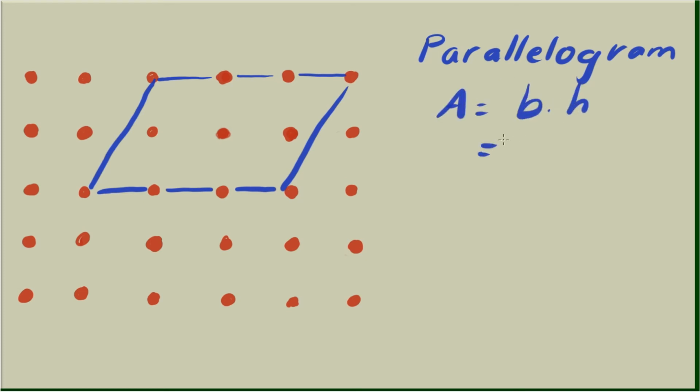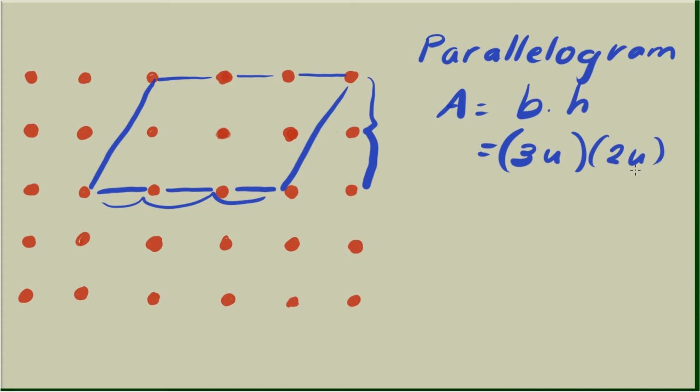The base is 3 right here. 1, 2, and 3. So you have 3 units for the base. And then the height, in this case, we have this 1 and 2. So the height is the imaginary line that's perpendicular to the base. So that's 2 units. So in geometry, we use this formula, base times height, which is 6 square units. So that's the area of this parallelogram.